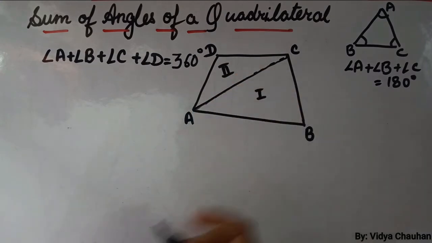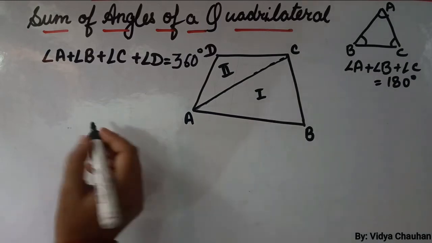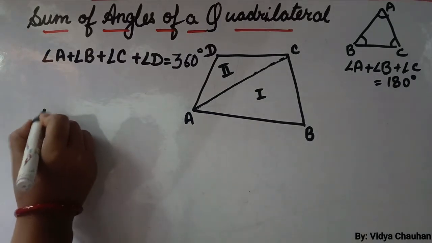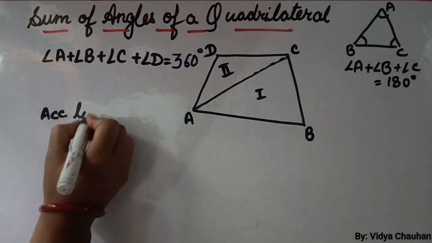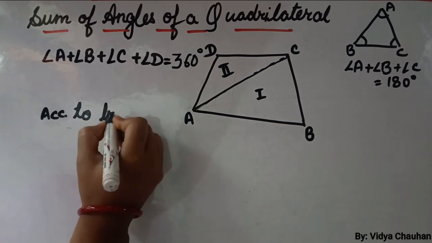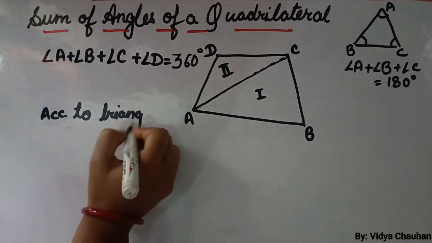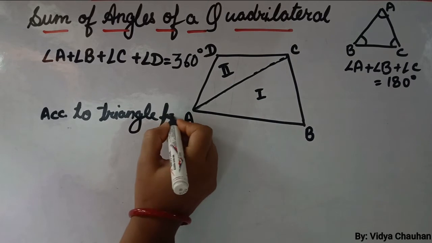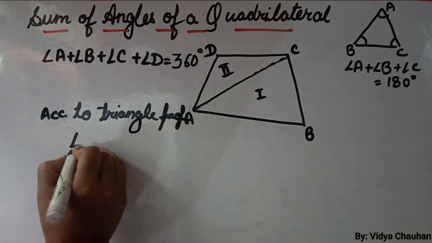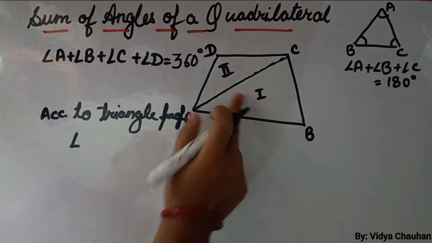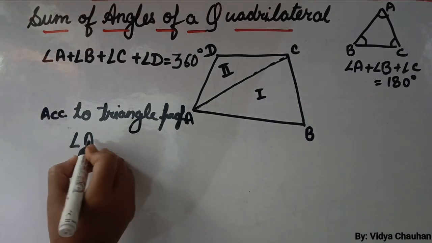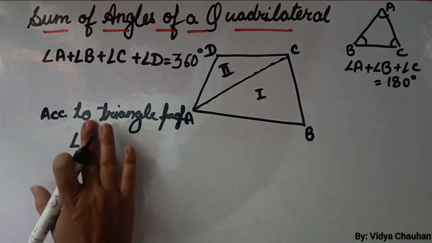Clear? Now according to the triangle property, what is the sum of the three angles if I take the first figure?